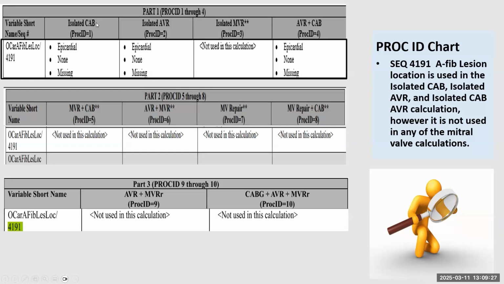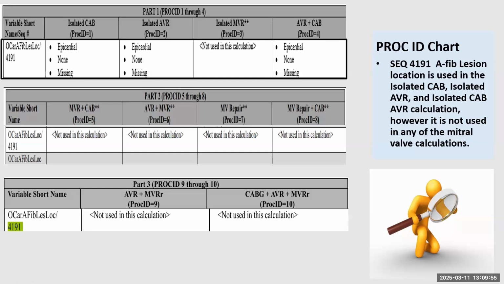But if you're doing an isolated CAB or an ABR or an ABR plus CAB, then it does matter where you did your lesion location. If you code epicardial, none, or you leave it blank, it doesn't affect isolation. And that's the same for the isolated ABR and the ABR plus CAB.